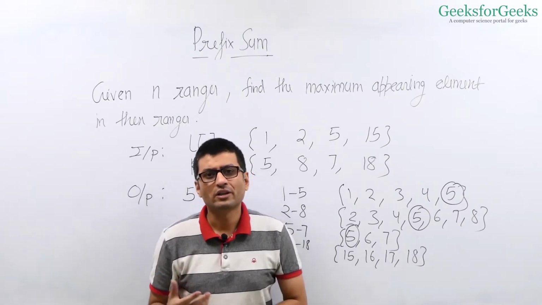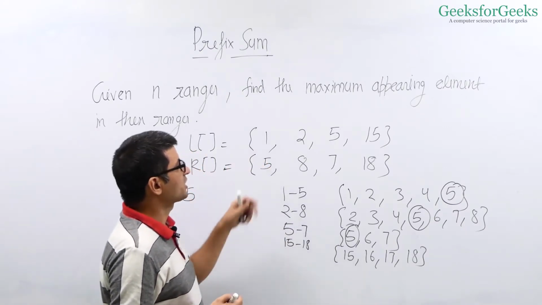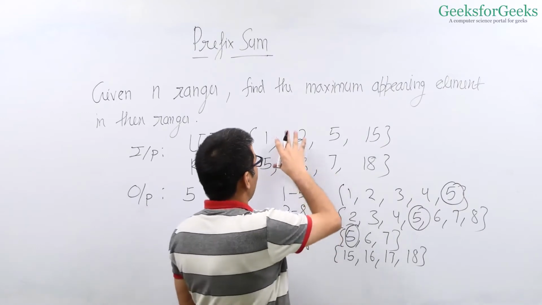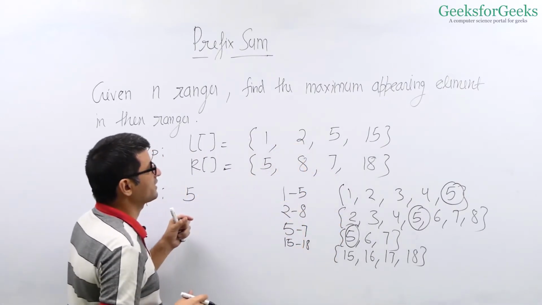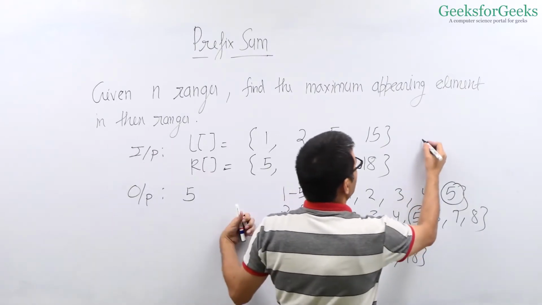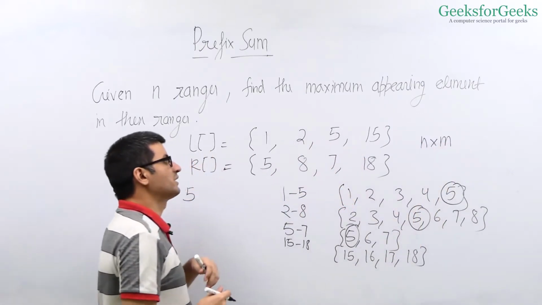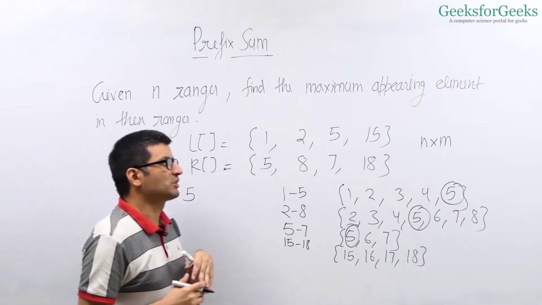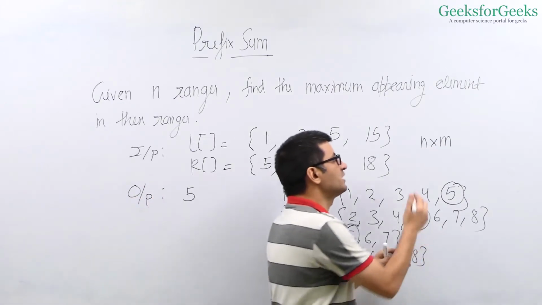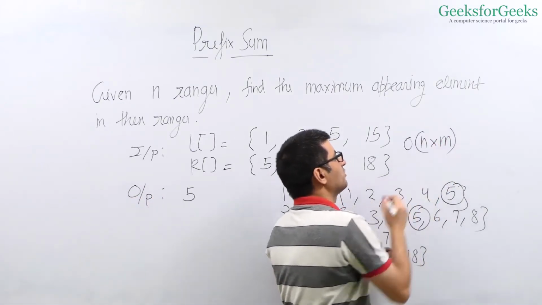This solution requires how much time? Say there are n ranges and every range has m elements, or m is the maximum number of elements in any range, then it's going to take big O of n into m time.